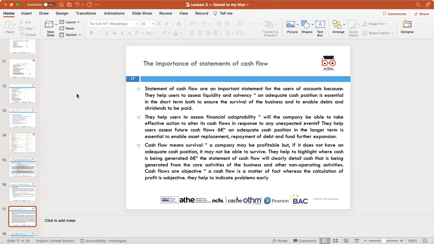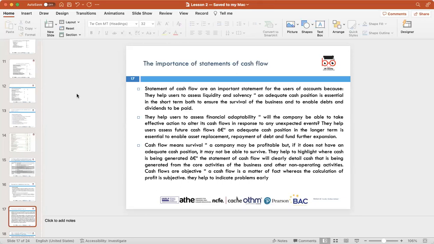They aid users in determining financial flexibility. Will the company's response time to unforeseen events allow it to alter cash flow effectively? They help users evaluate prospective cash flows. Healthy cash positions over the long term are necessary for funding expansion, debt repayments, and asset replacement.